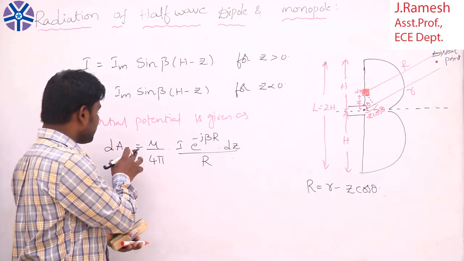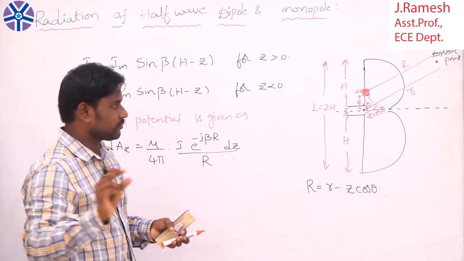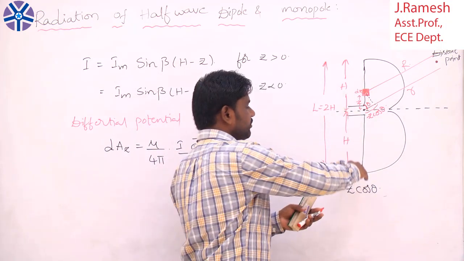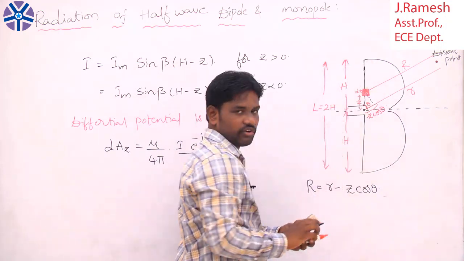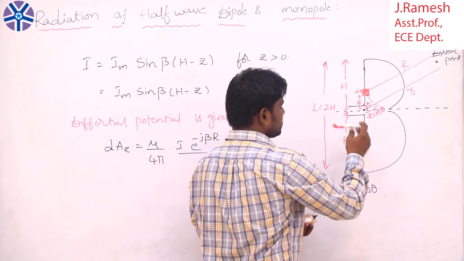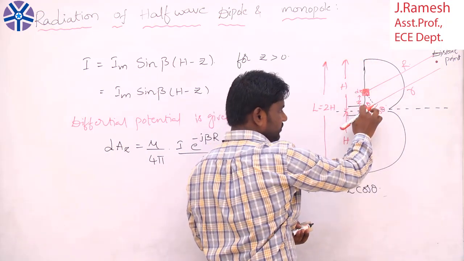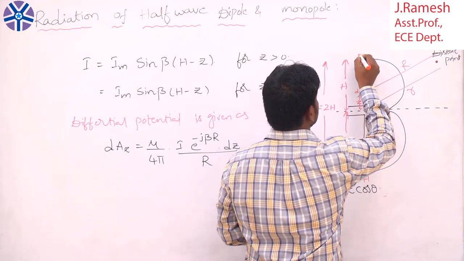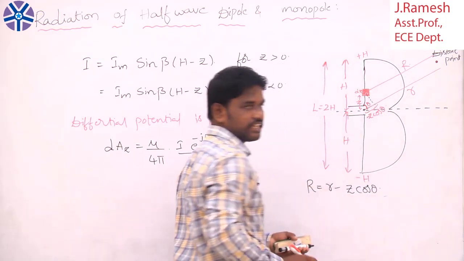But I need the entire potential, I do not need the small element potential. So for that small element dz, I need to integrate from minus h to h. This is the h, this is the h, so if you consider this as the horizon, this is the minus h value and this is the plus h value.